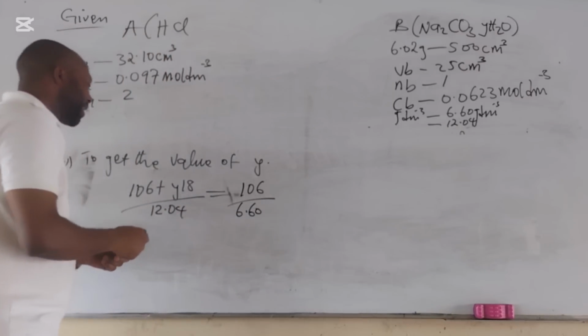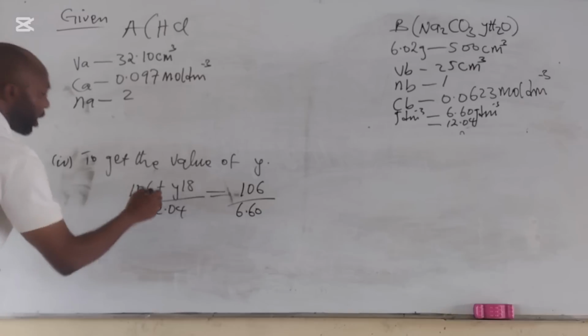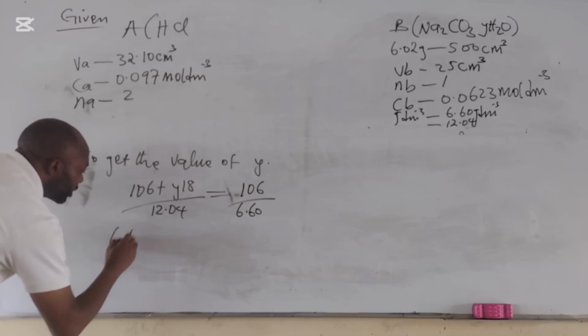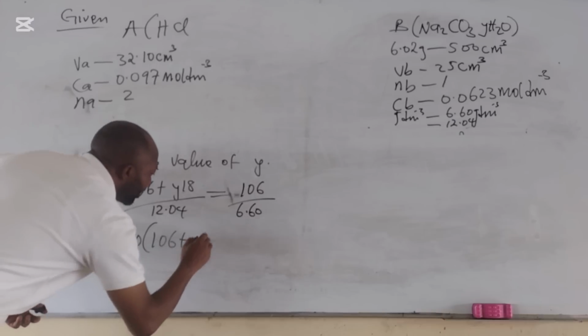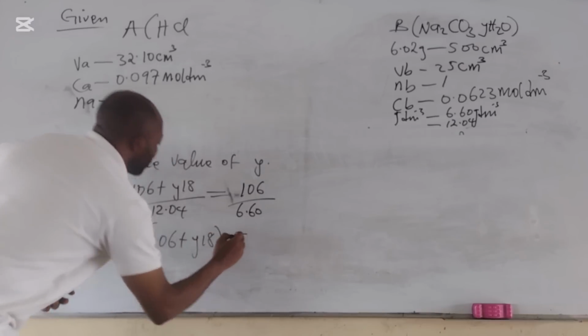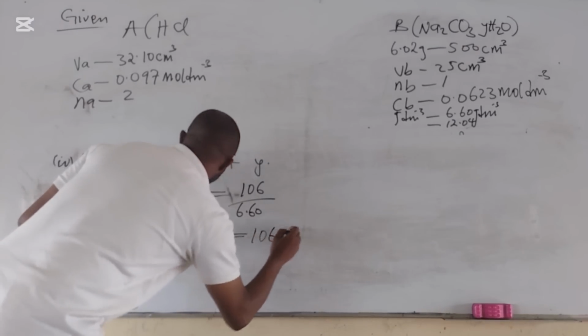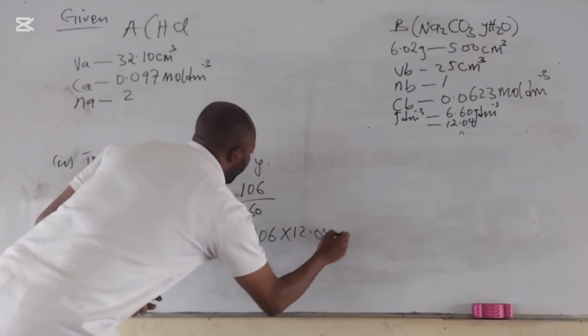So we're going to make Y the subject, so this multiplied by this: 6.60 open bracket 106 plus Y times 18 equals 106 times 12.04.